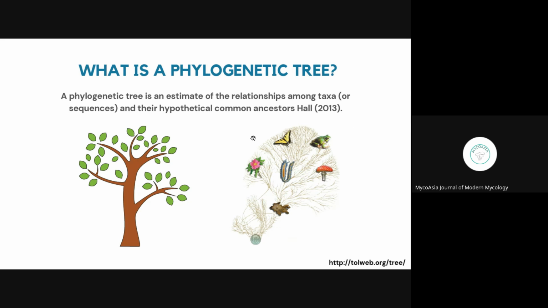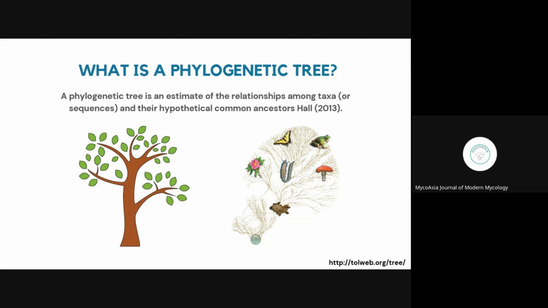Basically, a phylogenetic tree is an estimate of the relationships among taxa. Taxa is a very commonly used word in taxonomy. It basically means a group of taxonomic categories. The phylogenetic tree is all about the estimate of the relationships among taxa, or the sequences you use to represent them, and their hypothetical common ancestor.